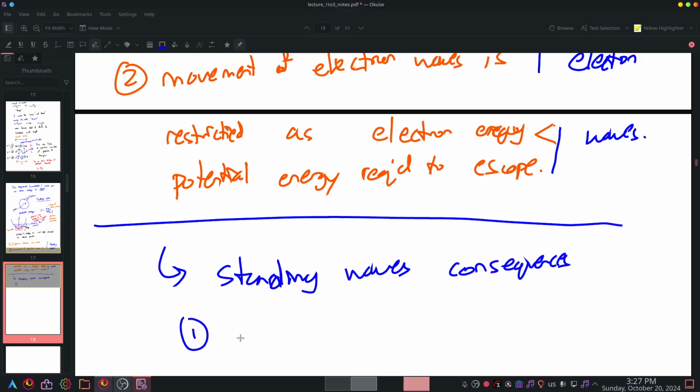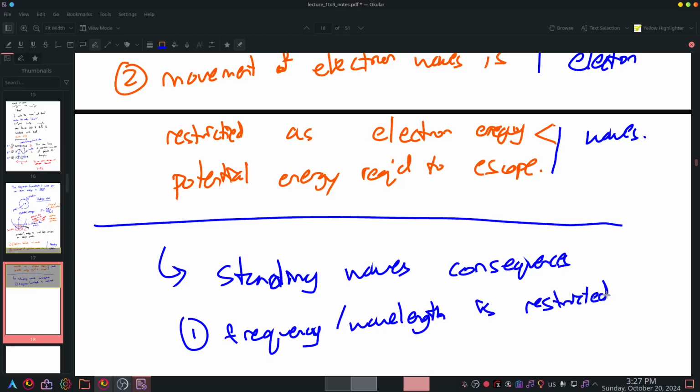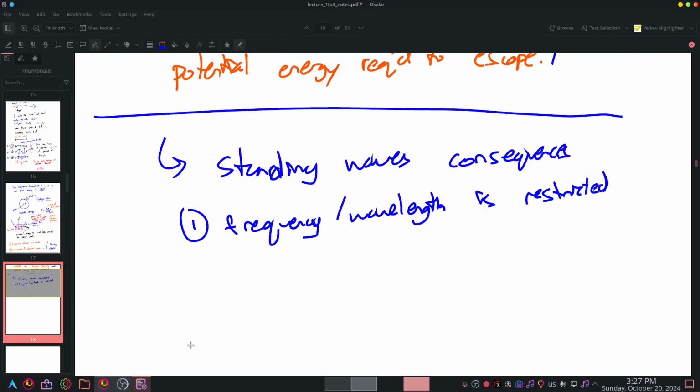One, frequency and wavelength are restricted. Why are they restricted? Because the movement is restricted. The movement being restricted fixes the frequency or wavelength of the waves.